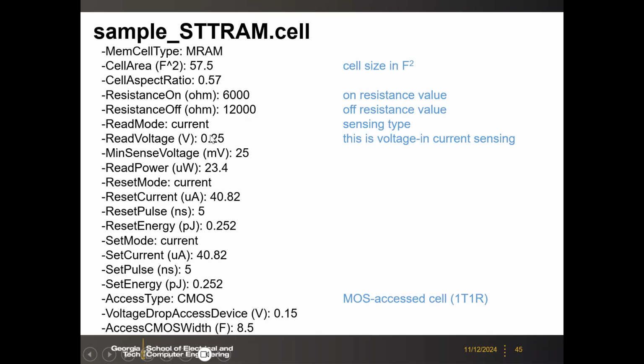And sensing is current mode, and the other parameters like the read write conditions, like the current, and the pulse width, and so on. So you can modify depending on your technology. This foundry may have these particular parameters. The other foundry may change those numbers.